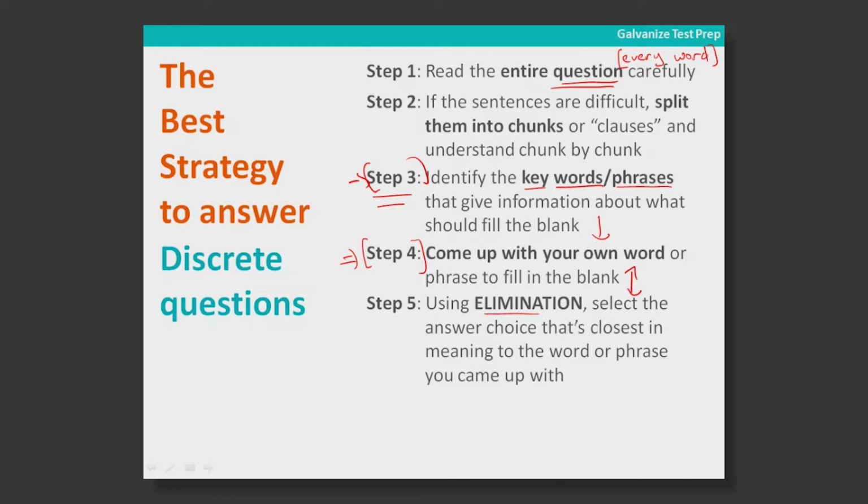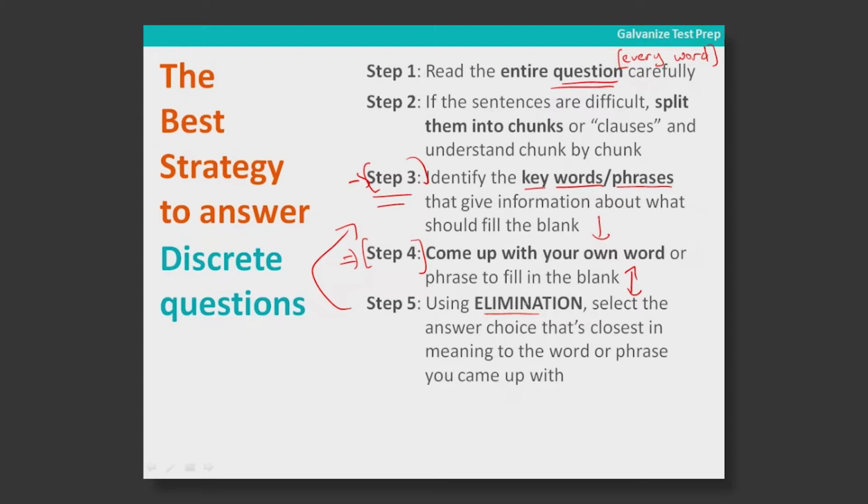Keep going until you find the answer that is a match. If you find 2 answer options that could be a match, that means you've missed something in step 3. So any confusion in step 5 should take you back to step 3 and see, what did I miss? Where was a key word that told me more specifically what the right answer should be? So always go back to step 3 if you're stuck at step 5.